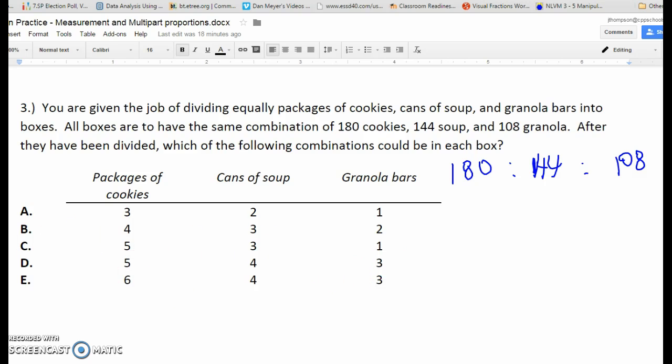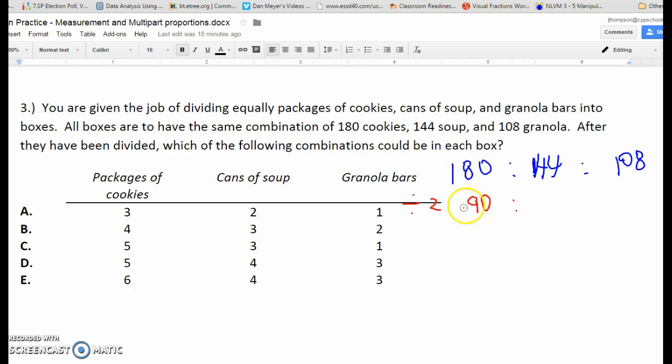So to find the equivalent ratios, I would look at factors that I can divide each of these numbers by. I can see that they're all even, so I can divide by 2, and I would have an equivalent ratio that is proportional to the original ratio.